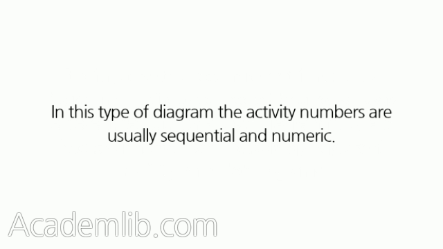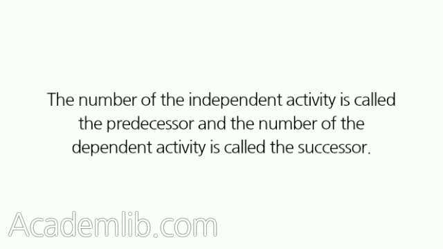In this type of diagram, the activity numbers are usually sequential and numeric. The number of the independent activity is called the predecessor and the number of the dependent activity is called the successor. Each activity has a unique number.